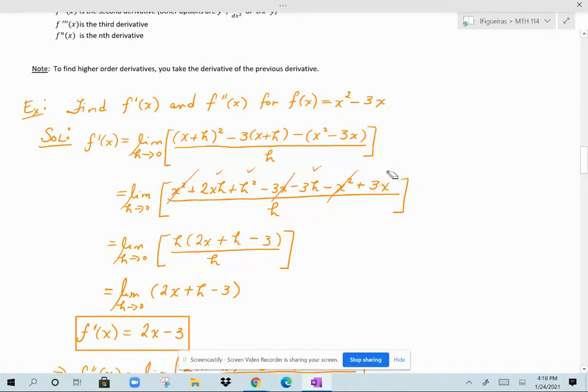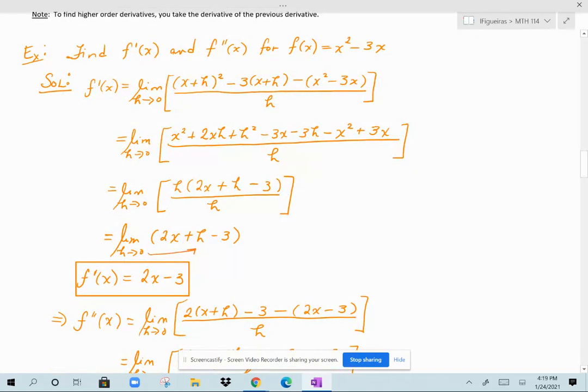At that point, the h that was factored out in the numerator will cancel with the one in the denominator. So I'm left with the limit as h approaches 0 of 2x plus h minus 3. Here we can apply direct substitution. Just plug in the 0 right in there. And you have a first derivative of 2x minus 3.